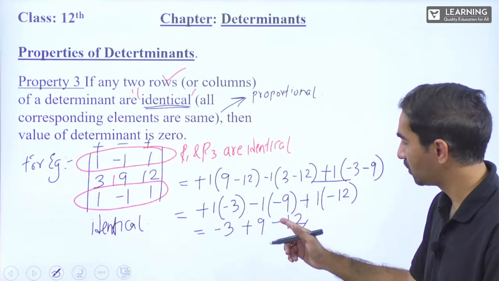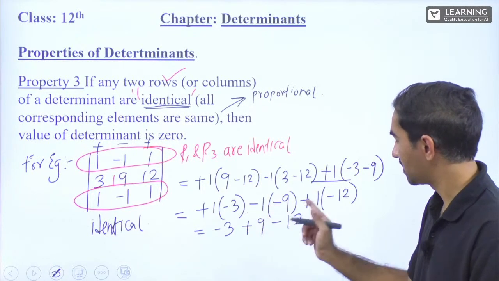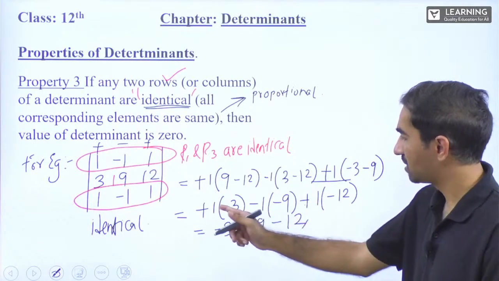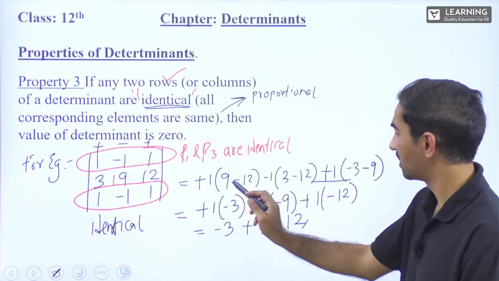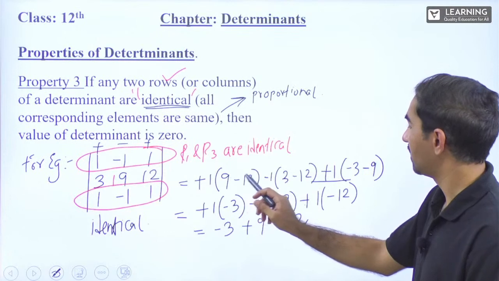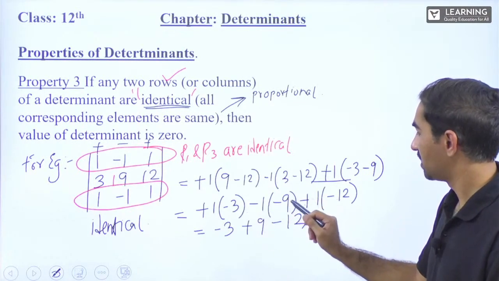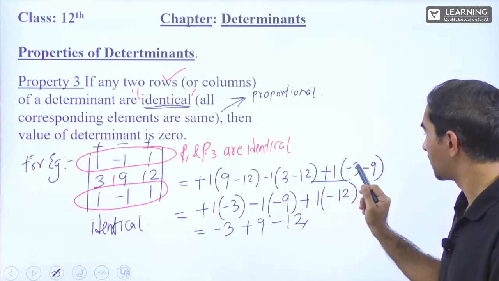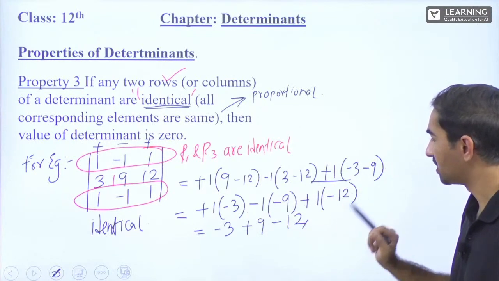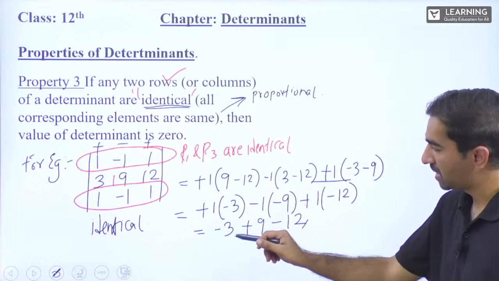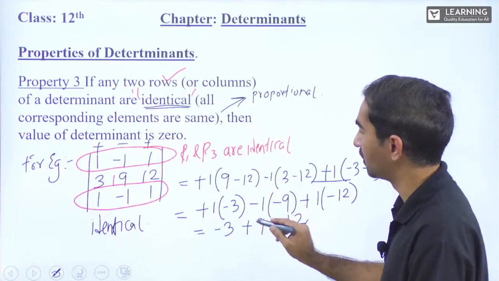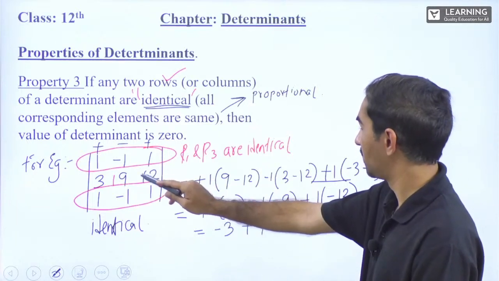So are we getting 0 here? Minus into minus is plus. Here we are getting minus. So one second. There might be some mistake. 9 minus 12 is minus 3. 3 minus 12, 9 plus 1 minus 3 minus 9 is minus 12. Minus 12 minus 3 is minus 15 plus 9. Okay. So plus 1 into 1.